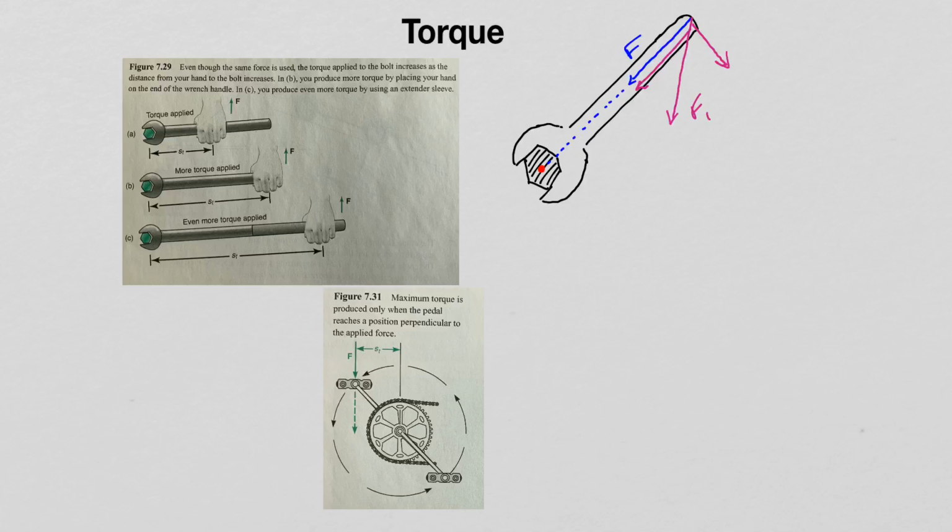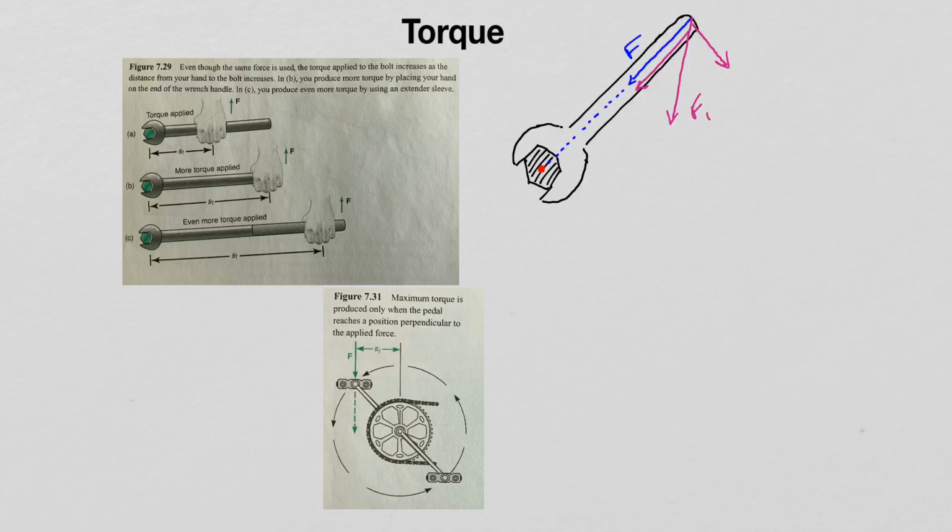We have a bicycle sprocket here with pedals, and the foot is pushing down on the pedal, so it's applying downward force, and the effective torque arm here is the distance from where the force is applied to the axis of rotation.